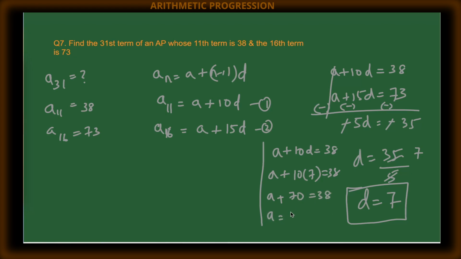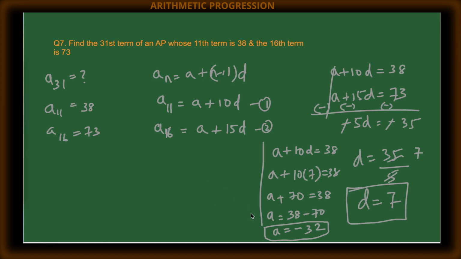A is equal to 38 minus 70. The sign of 70 is bigger, so it becomes minus 32. So this is the value of A.